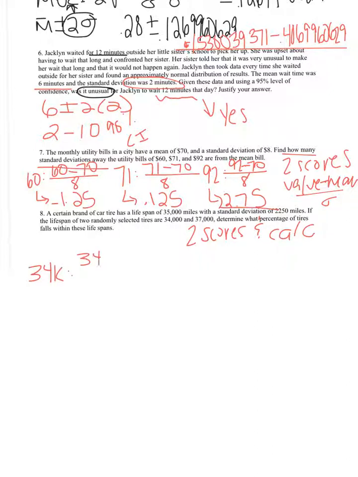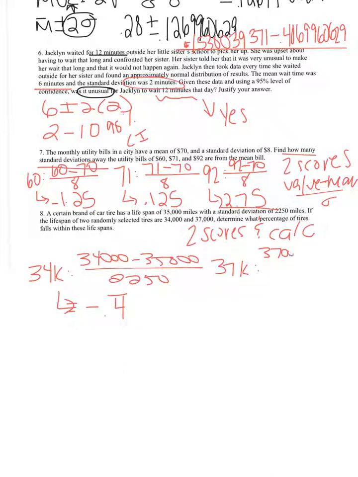That'd be 34,000 minus 35,000 divided by the standard deviation, and this gives me negative 0.4 repeating. For 37,000, minus 35,000 divided by 2250 gives me 0.8 repeating.